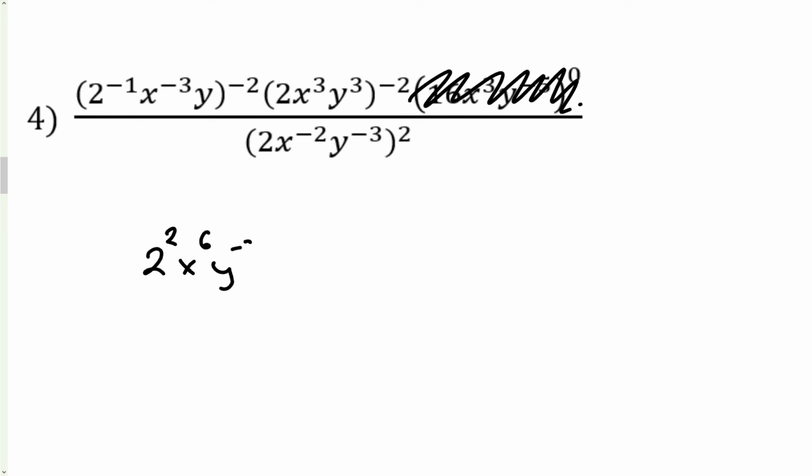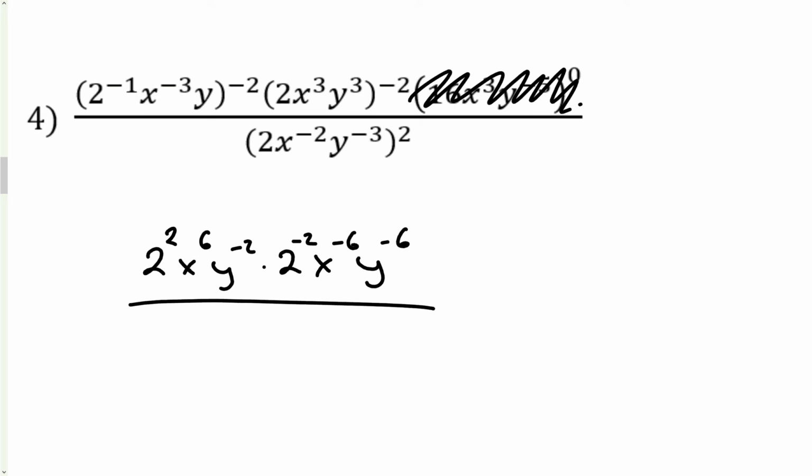Y to the negative 2 power times 2 to the negative 2 power. X to the negative 6 power. Y to the negative 6 power. Over 2 to the positive 2 power. X to the negative 4. Y to the negative 6.